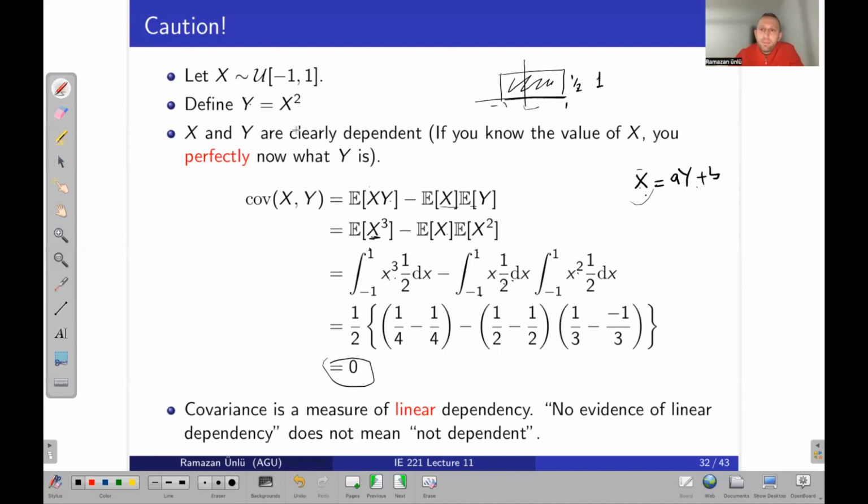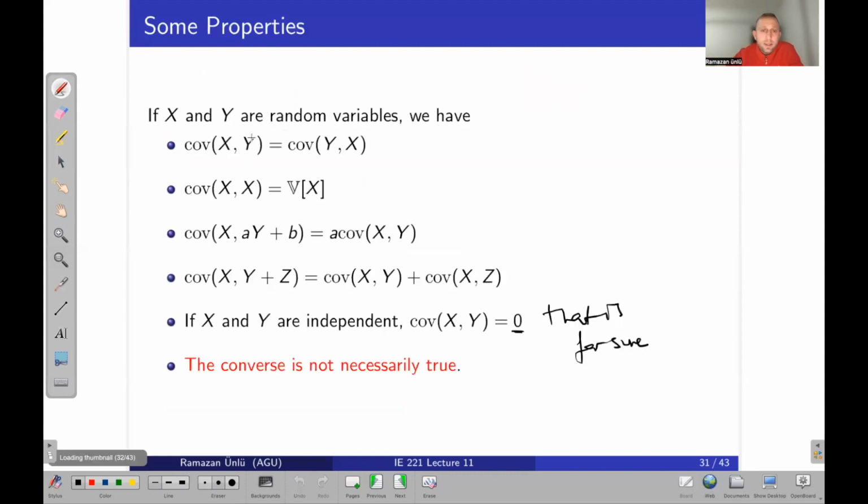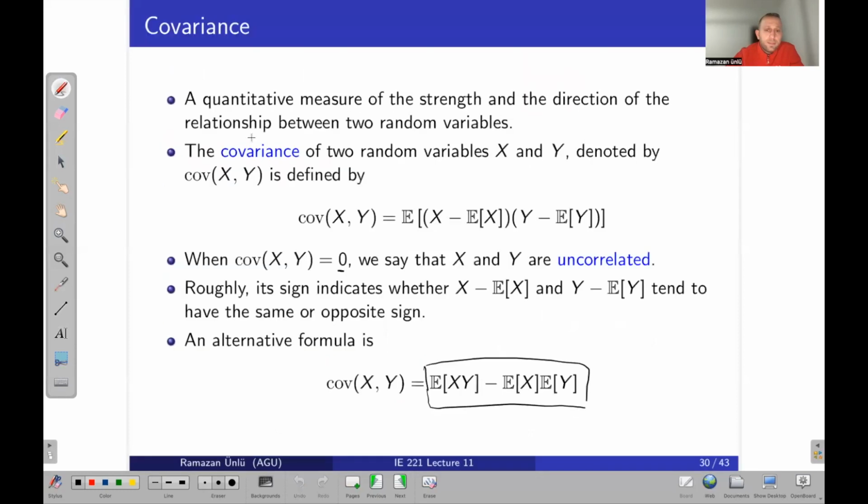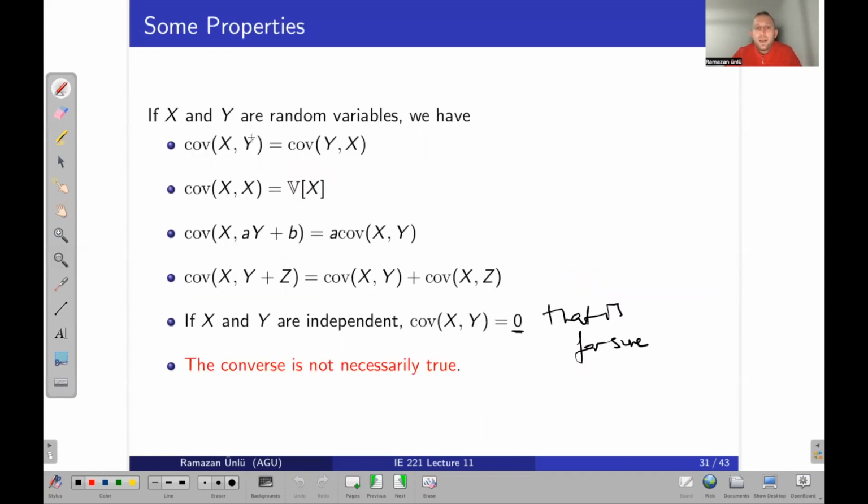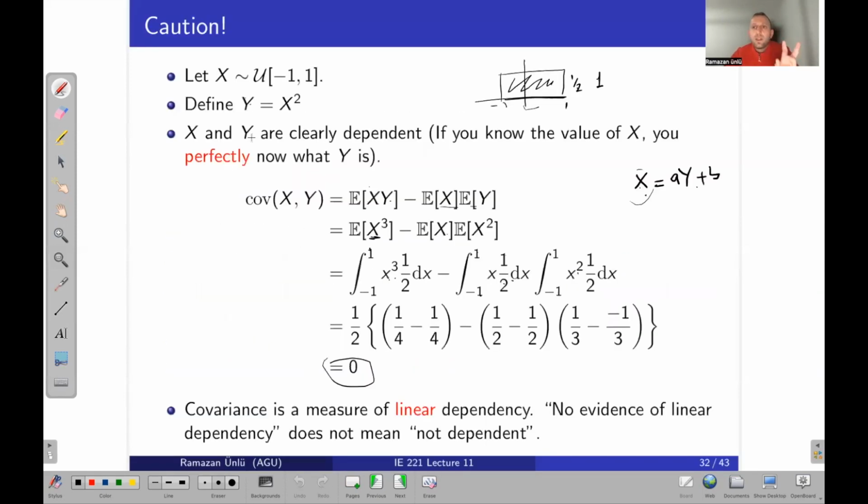They can be dependent, as we see here. Also, the covariance is a measure of the linear dependency. And the last one is, as I said at the beginning, the sign of the covariance is important. We can focus on these 3 points so far.